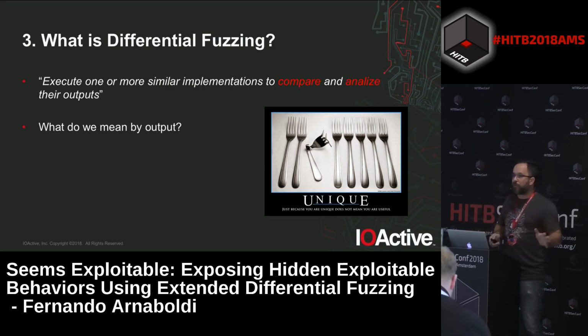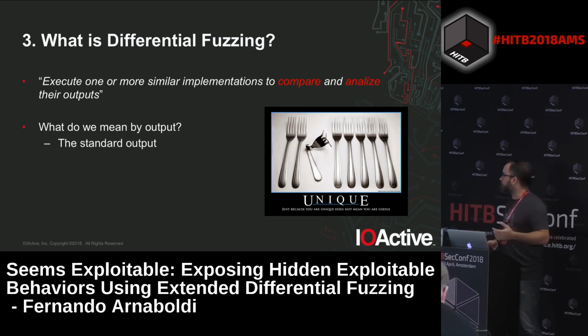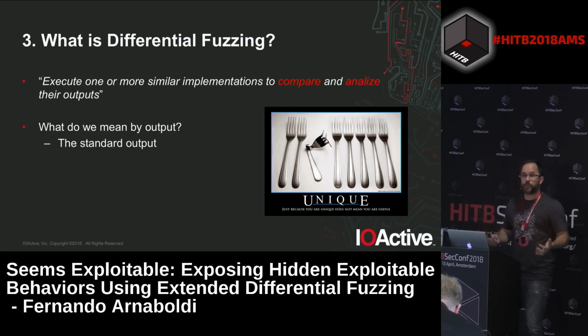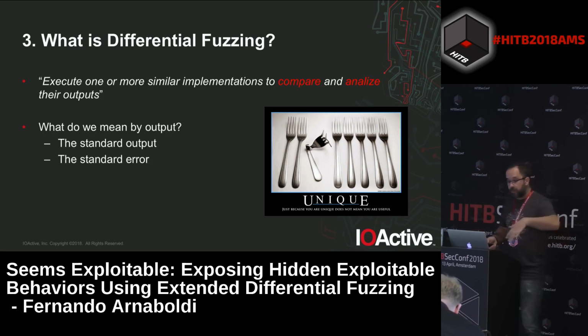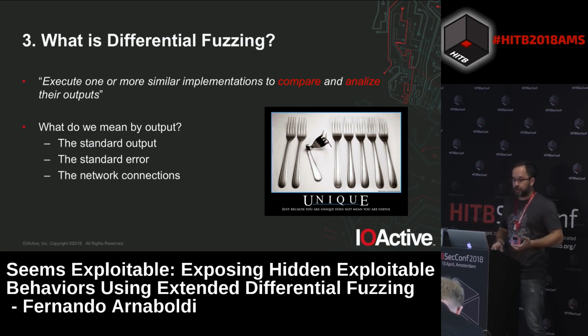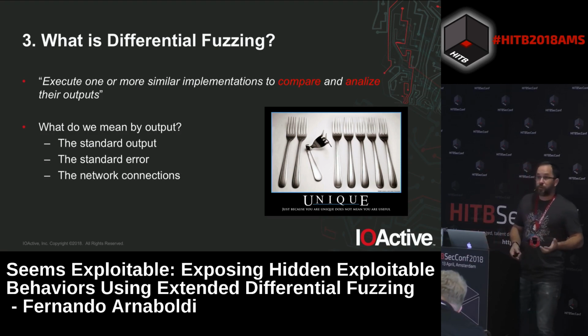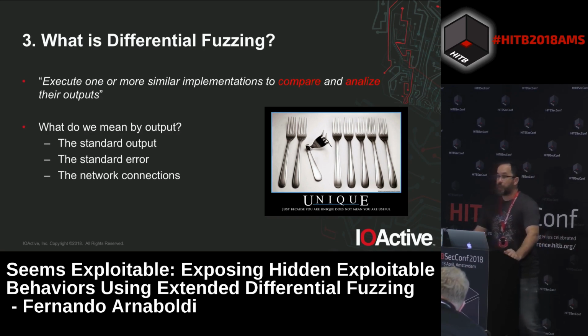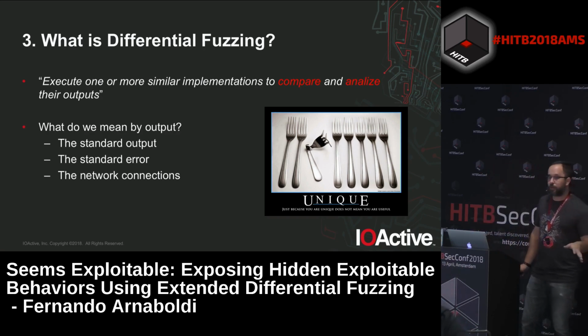There are a number of possibilities that haven't been fully explored. Of course, it's going to be the standard output, but also it could be the standard error. If there are differences in the error, perhaps we're going to do something about that. Sometimes software will try to open network connections, and sometimes other pieces of software will not open those network connections. And that's how you can detect that something is not working as expected.